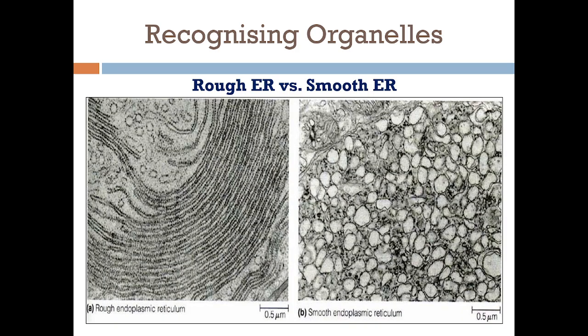Then since we're talking about ER, I just want to make a comparison between the appearance of the rough and smooth ER. You can see here the rough ER on the left, more sheet-like, more parallel, and you can see the ribosomes, the black dots. For the smooth ER, obviously you don't see ribosomes, and usually smooth ER appears less sheet-like, less parallel.